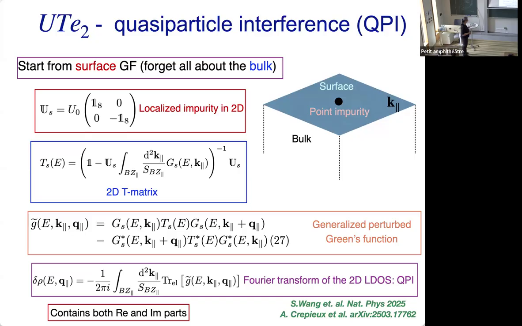And the nice thing about the analytical calculations is that the same Fourier transform can be obtained using this formula from the generalized Green's function. I'm not going to show you that. If you go through the definitions of the Green's functions and the whole Fourier transform, you can play with all these formulas, and you're going to see that it's the same thing. I mean, the Fourier transform of the local density of states is the same as the integral over k of this G of k and q.